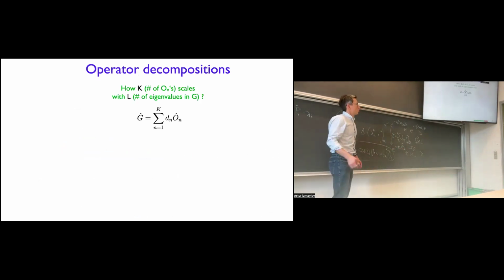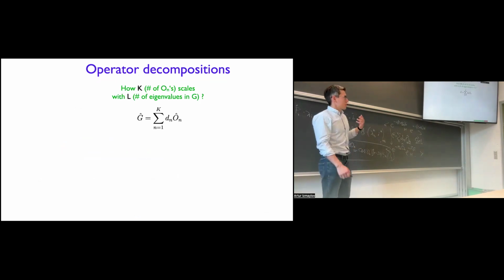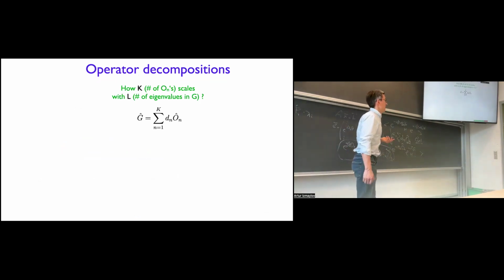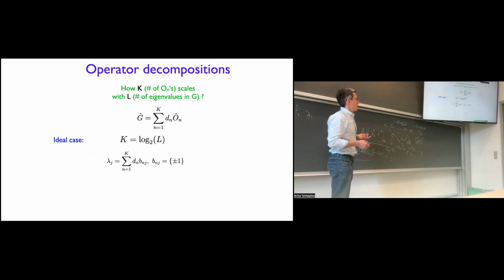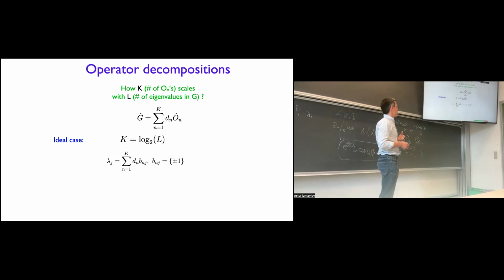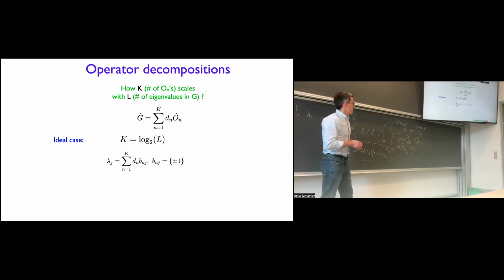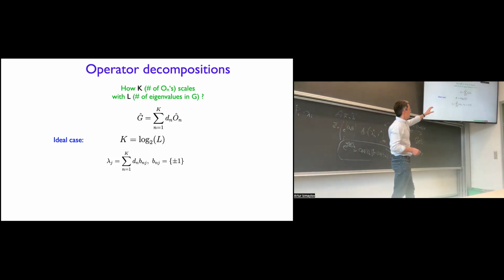And why does it work generally better? Because it turns out that if you have L eigenvalues, there is an ideal case scenario where you could use only log base 2 of L simple operators On to represent the generator. And this is an ideal case scenario because, let's say, every operator On has plus minus 1 eigenvalues, with different coefficients.